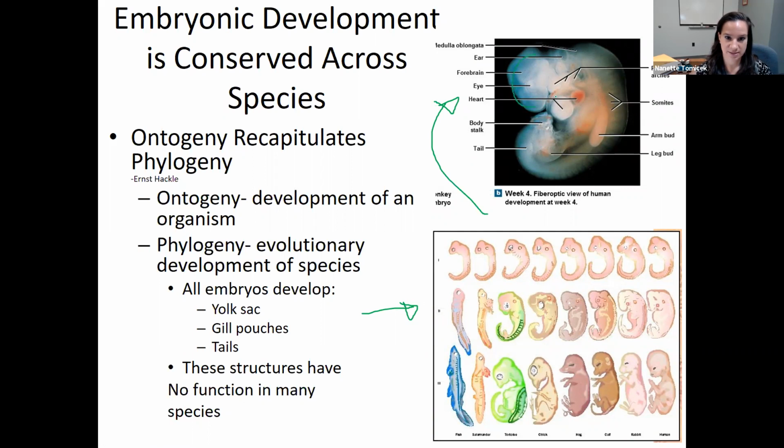Right here is the head. We can see an eye developing there. I can see what looks like a spinal cord and some muscles coming along those primitive somites. I can see an arm bud and a leg bud, but then I also see things that are maybe strange to me because humans don't have tails.